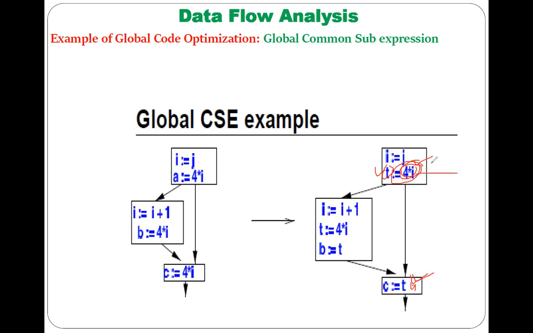Understood? So recomputation of 4 into I is avoided, and definitely the execution speed will improve. But that is not the case here, because the I value is getting changed in this expression, that is I plus 1. Understood?